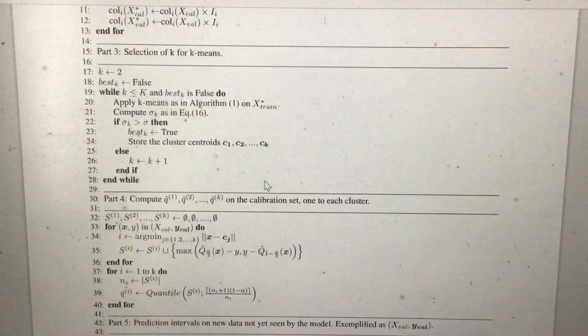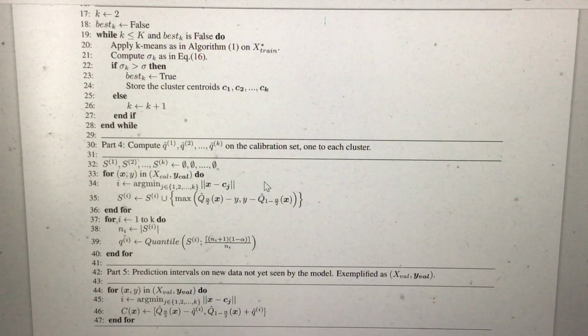Okay, so the fourth step will compute the Q hat 1 to Q hat K. So this 1 to K is for each cluster. Okay, so here we have the S1 to SK, which are empty sets, and we'll have a loop here.